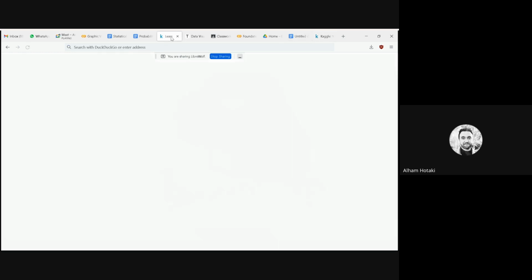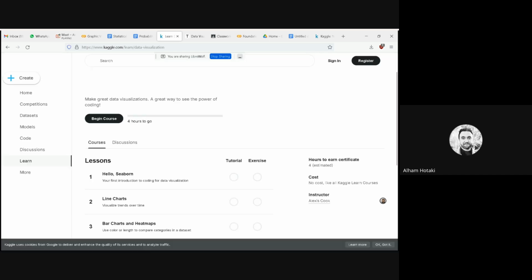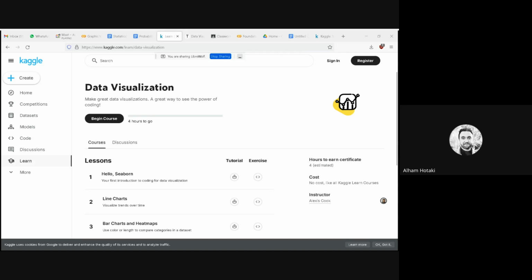You can find it in Kaggle if you have access to it. Let me see if you found it there in Kaggle.